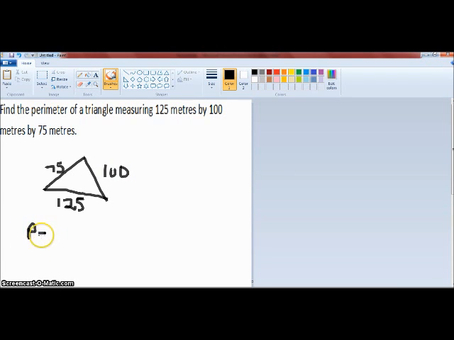Perimeter is the addition of all these sides, which is 75 plus 125 plus 100. If you do your addition, the correct answer should give you 300. So this is the correct answer. Let us move on to the second question.